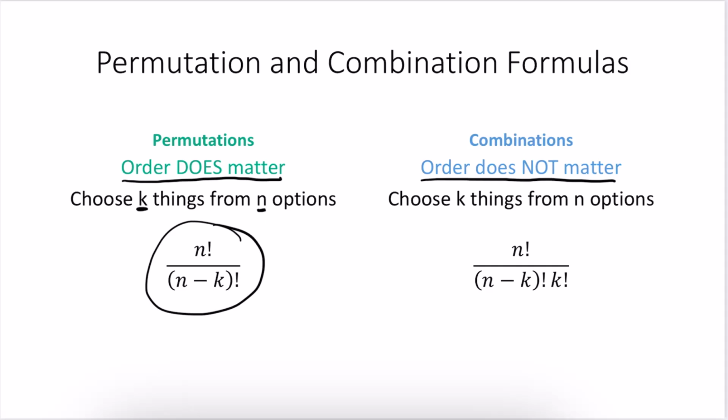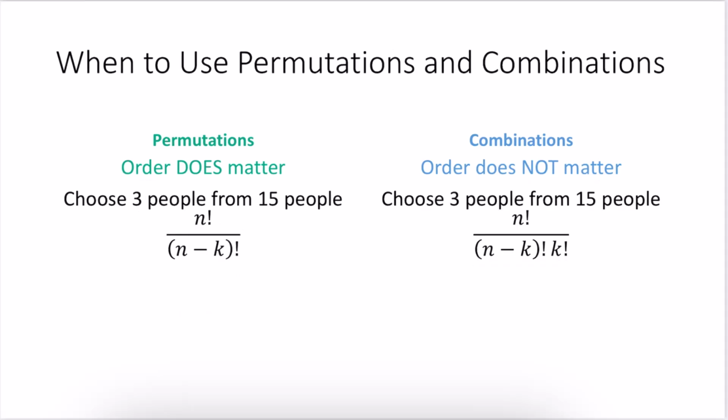I think it's a little easier to understand this if we look at an example. Let's say you wanted to choose 3 people from 15 people. Based on what we've done before, we know that we could calculate this by figuring out how many branches there are in the choice tree, which we could do as 15 times 14 times 13, because there's 15 choices for the first person, 14 for the next, 13 for the third person.